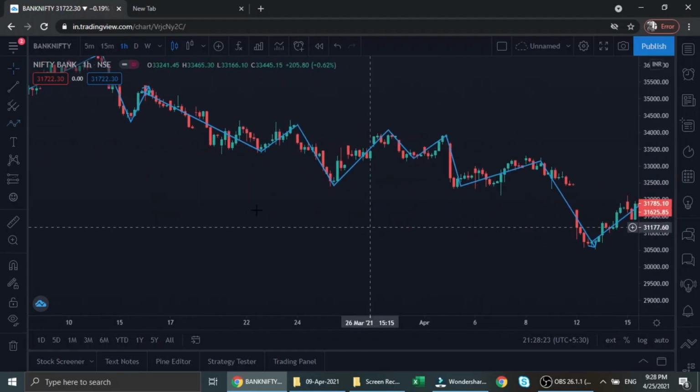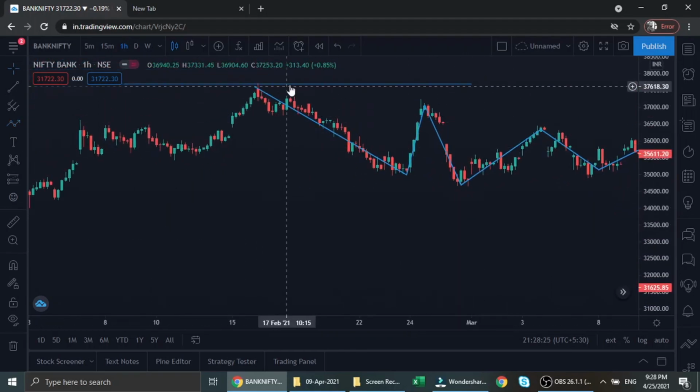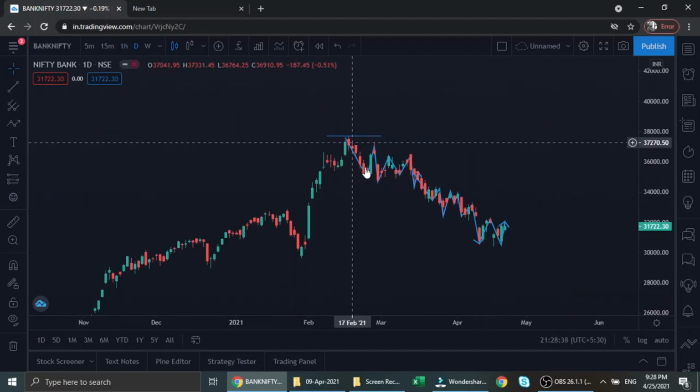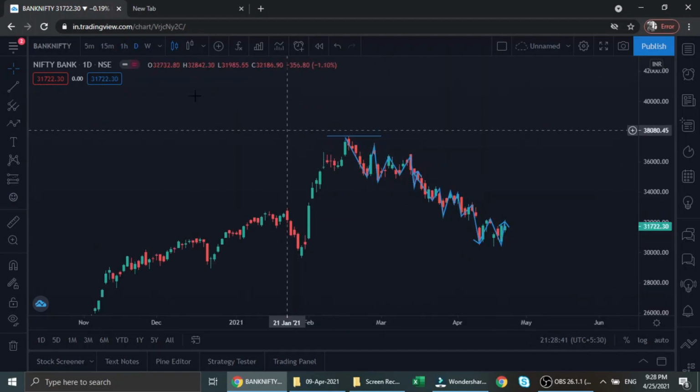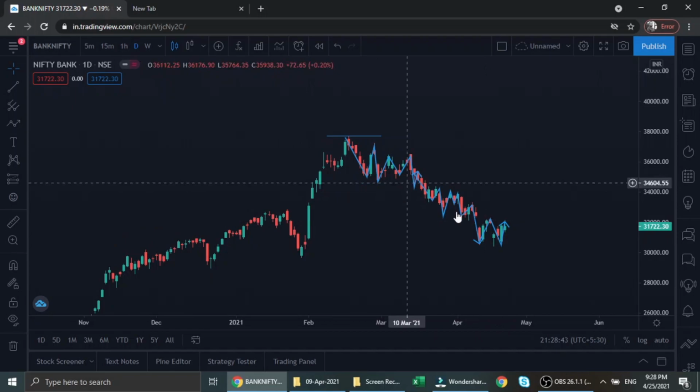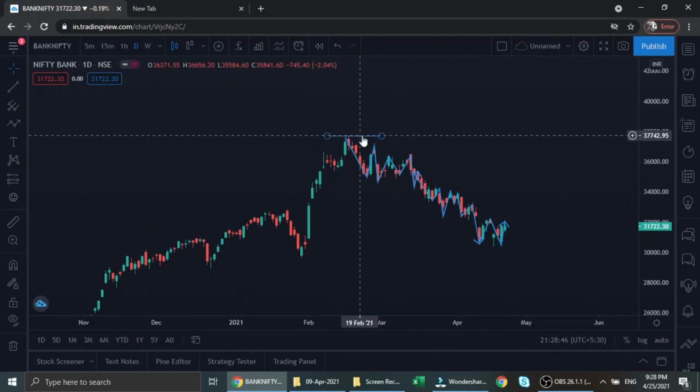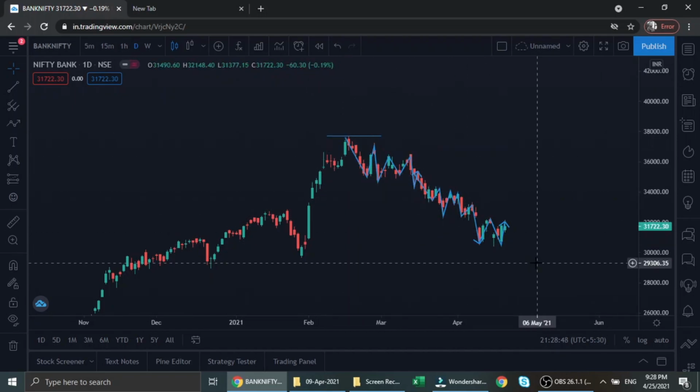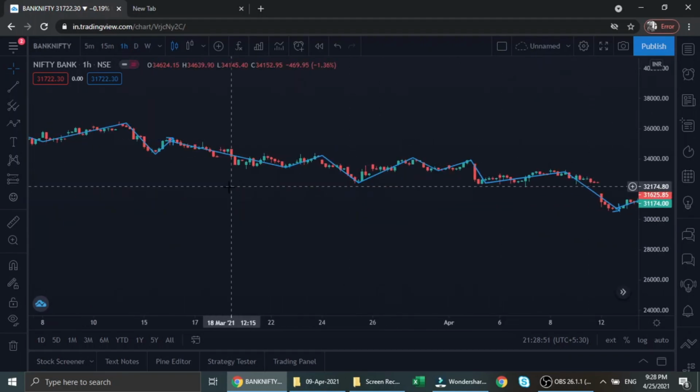So I have drawn all the swings in hourly time frame from the highest of the swing. This is how it looks in daily time frame, but in hourly time frame it has clearly moved in swings. So from this swing to this point, how it has gone, we'll see clearly now.